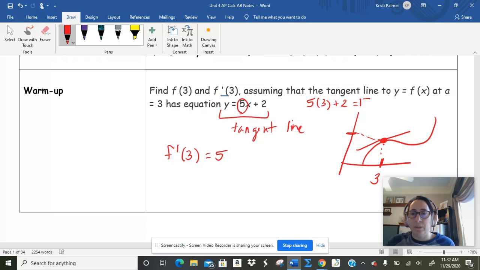So 15 plus 2 is 17. So that would have been f of 3. Because that is the only point that we know they have to share, wherever we created that tangent line. Okay.